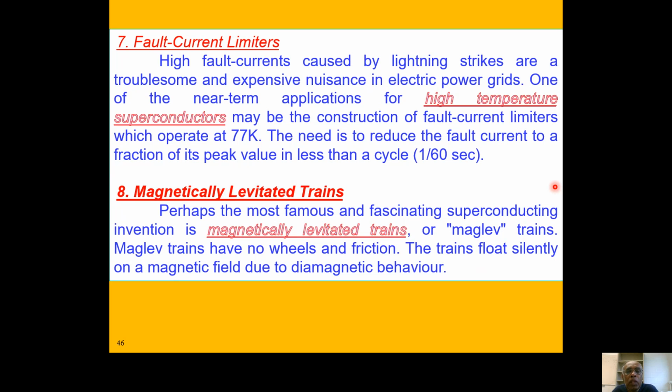Because this fault current limiter can be operated at liquid nitrogen temperature, we can avoid this damage to your system. Then obviously we talk about the brains.